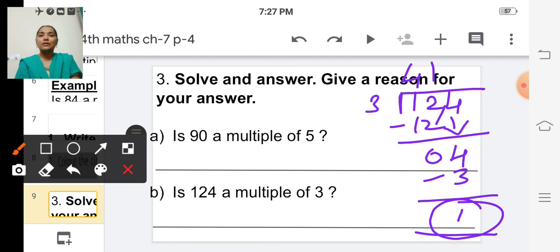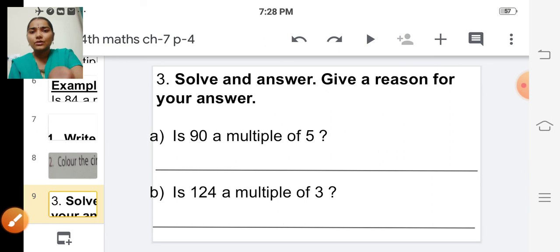So here we get remainder as 1, not 0, isn't it? So which is not 0. So 124 is not a multiple of 3. Okay, as remainder is equal to 1, 124 is not a multiple of 3. So how to write?